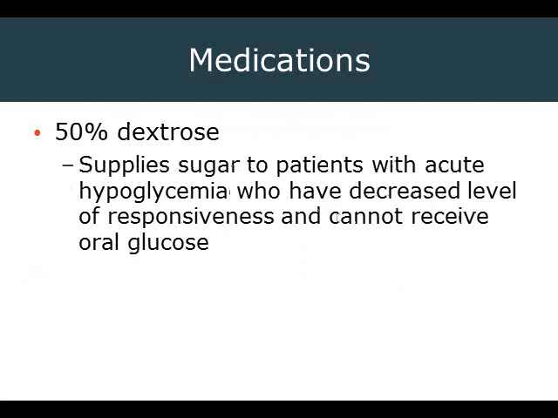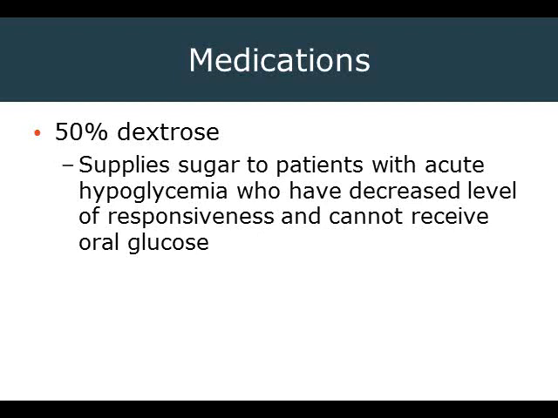50% dextrose solution. This is a sugar in water solution. It's given for patients with a decreased level of responsiveness who cannot receive an oral source of sugar. This is a hypertonic solution. It is extremely high concentration, and if you get it outside the vein, it can be very, very ugly and can cause some significant tissue damage.